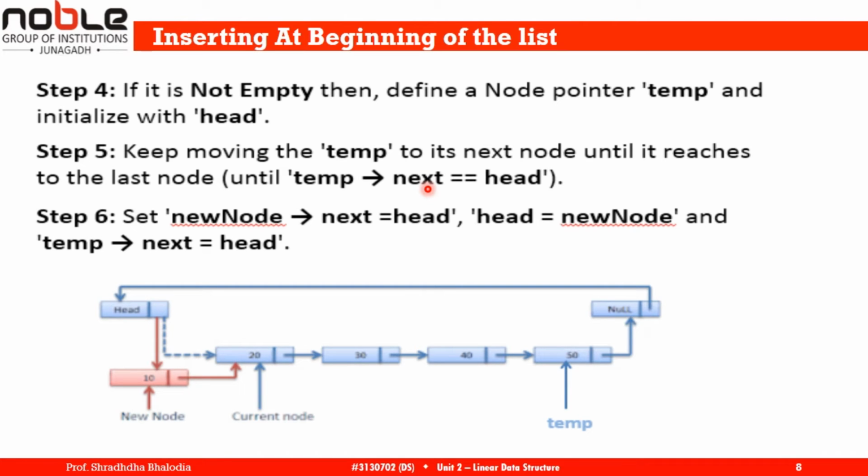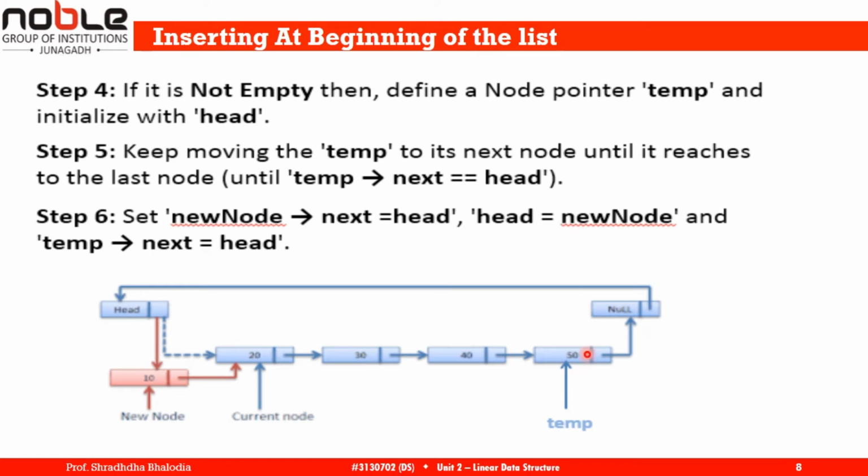Here we need to check which one is the last node, because in a circular list we need to update the last node's address part with the head. So we have to initialize the temporary pointer and keep moving temporary to its next node until it reaches the last node.